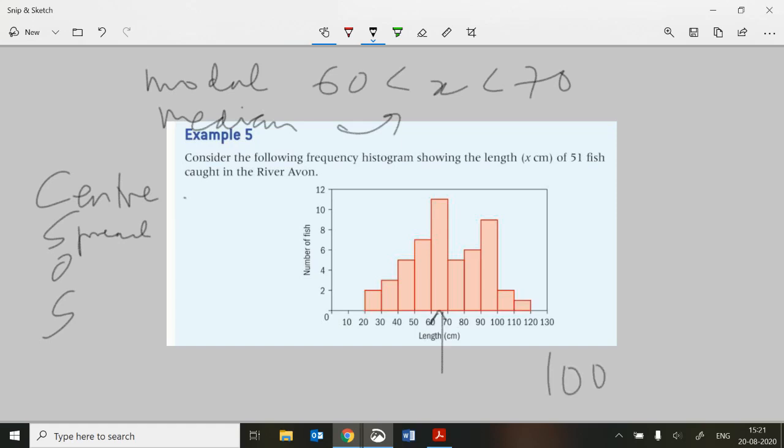The range just says, okay, we've got 100 centimeters as our maximum range here. But if we actually say that 120 is our highest value and 20 is our lowest value, that actually gives us a real grounding as to where the distribution starts and stops. So it's okay to say that.